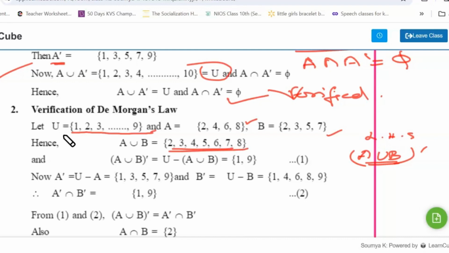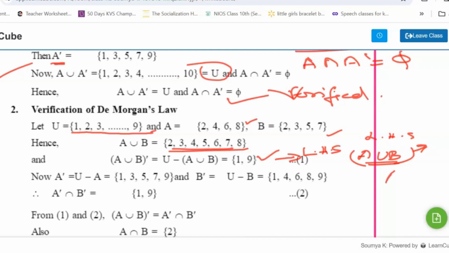This is the set A union B. Now find out A union B's complement. That means everything which is not here will be taken from the universal set. So the universal set has 1 to 9. Remove 2, 3, 4, 5, 6, 7 and 8. So the resulting set will be only 1 and 9.